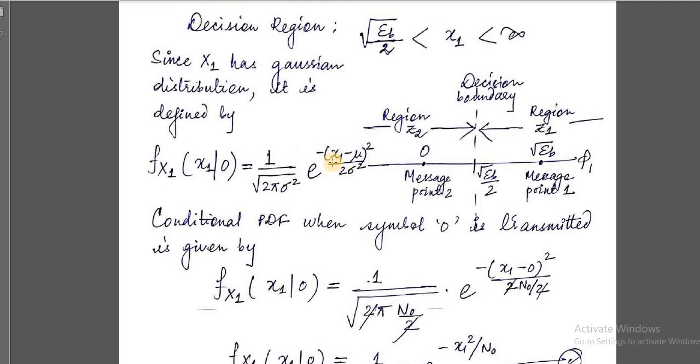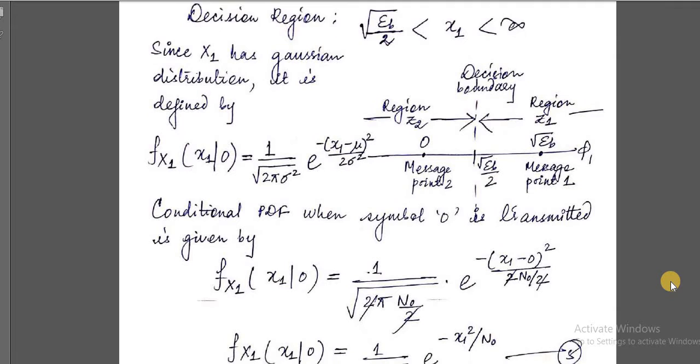Mu is the mean and sigma square is the variance of the random variable capital X1.